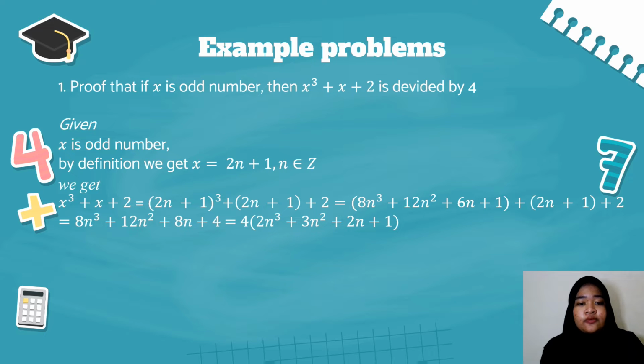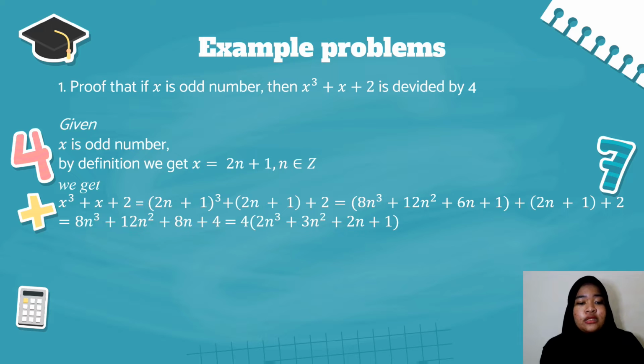We get 2n plus 1 power 3 plus 2n plus 1 plus 2 equals 8n power 3 plus 12n squared plus 6n plus 1, and then plus 2n plus 1, and then plus 2. We get 8n power 3 plus 12n squared plus 8n plus 4.